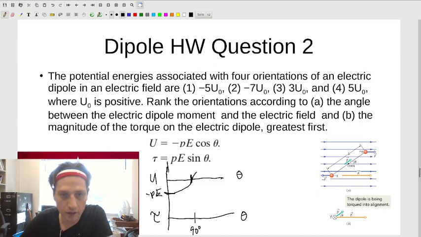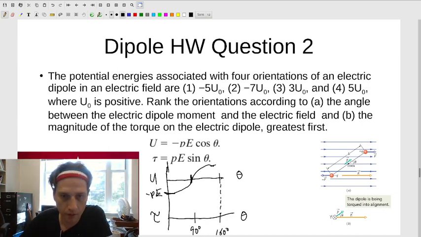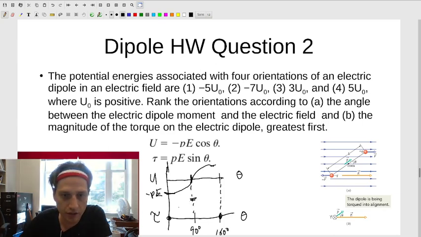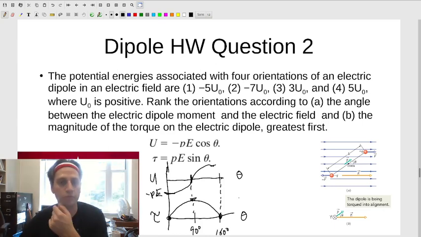And then it goes to some positive value. Its highest potential energy is when we're at 180 degrees. On the other hand, the torque is 0 when I'm aligned or anti-aligned with the field. The torque has its biggest magnitude when my dipole is perpendicular.